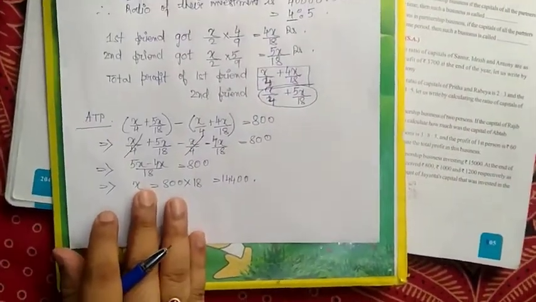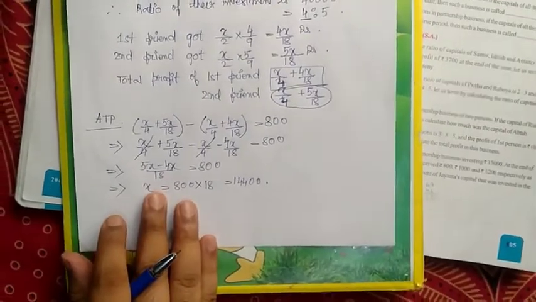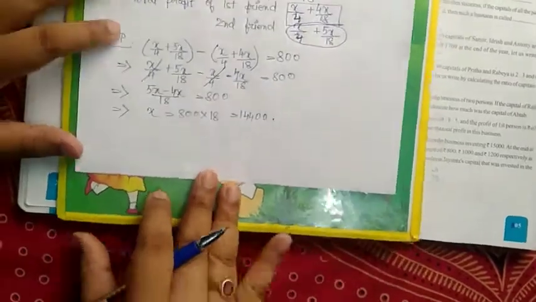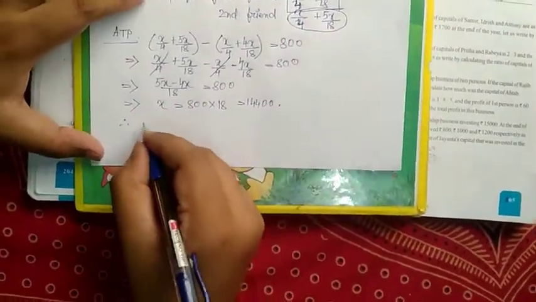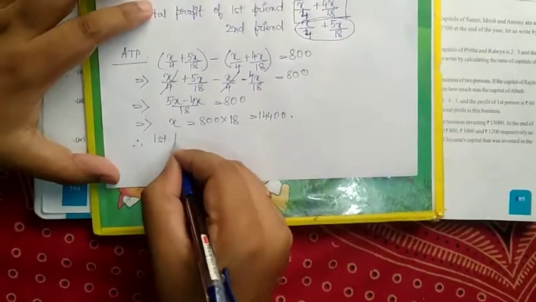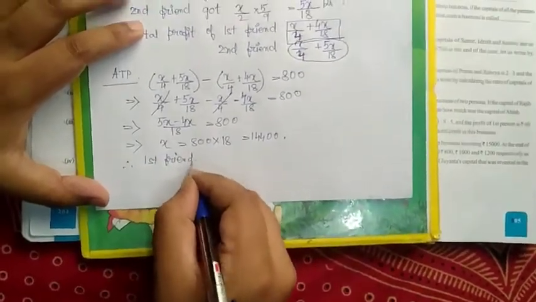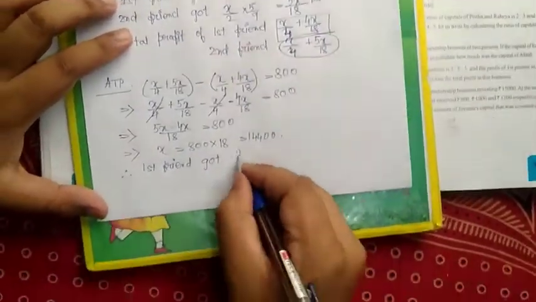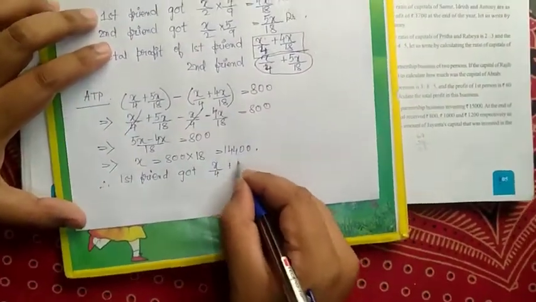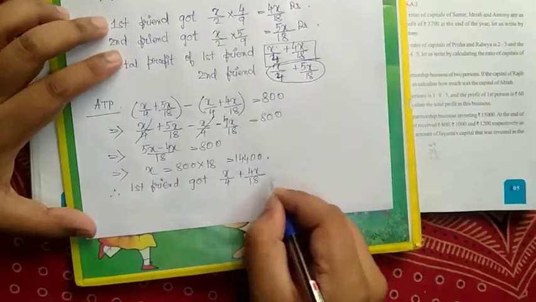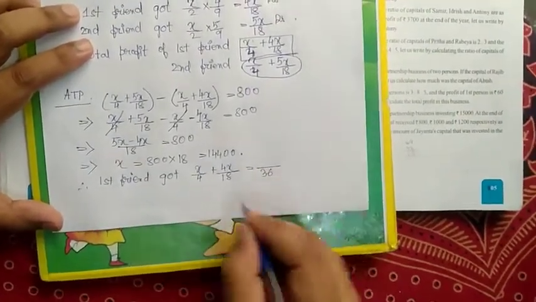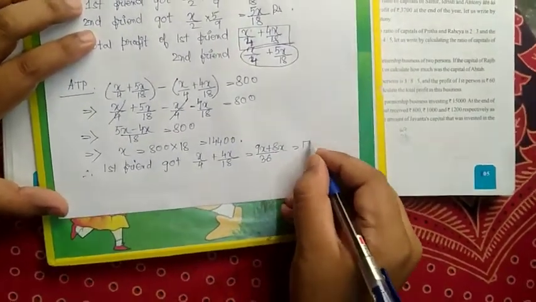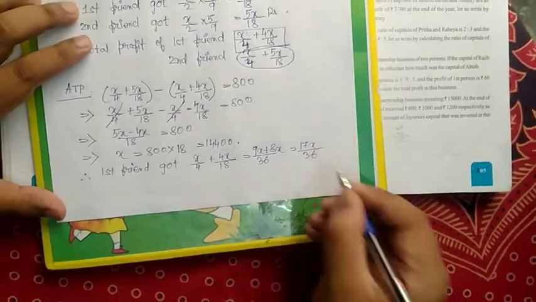So here we have to find the profit of the first friend. So therefore the first friend got x by 4 plus 4x by 18, and with LCM 36, this should be 9x plus 8x, 17x by 36.